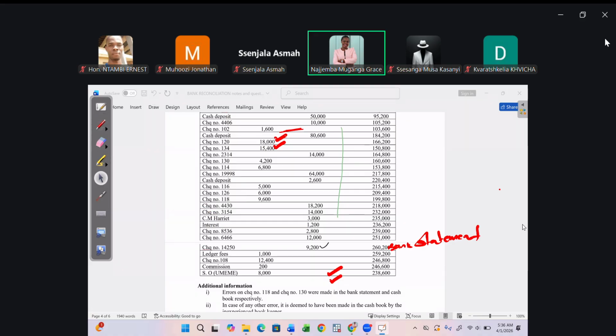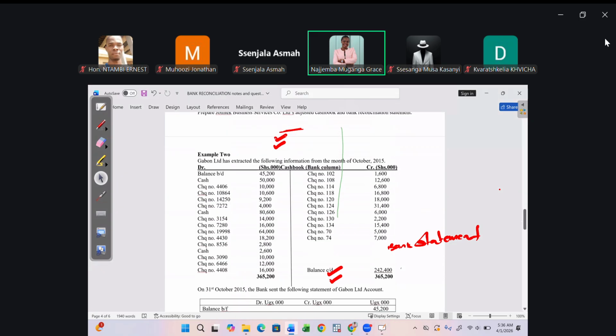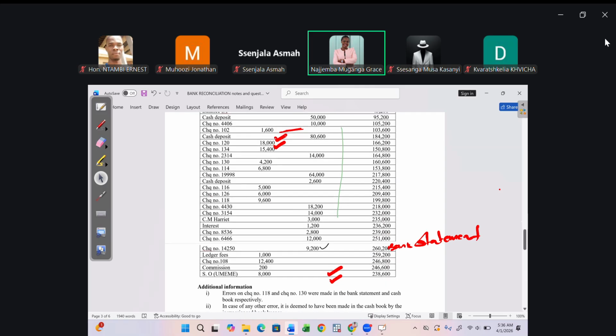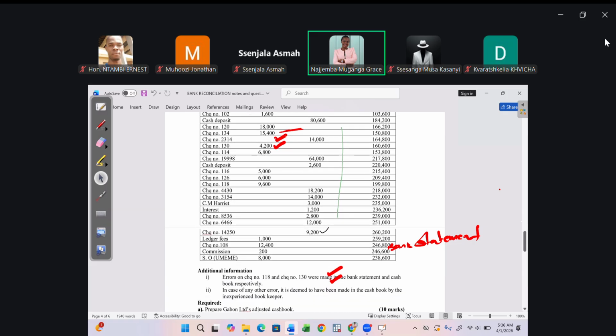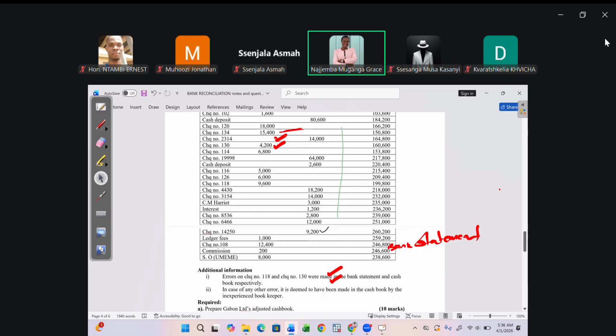We have 9200 in the cash book, 9200 on the debit, and here on the credit.